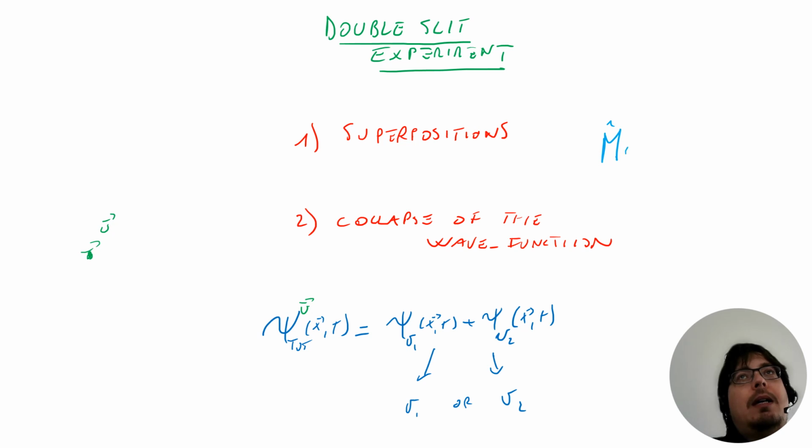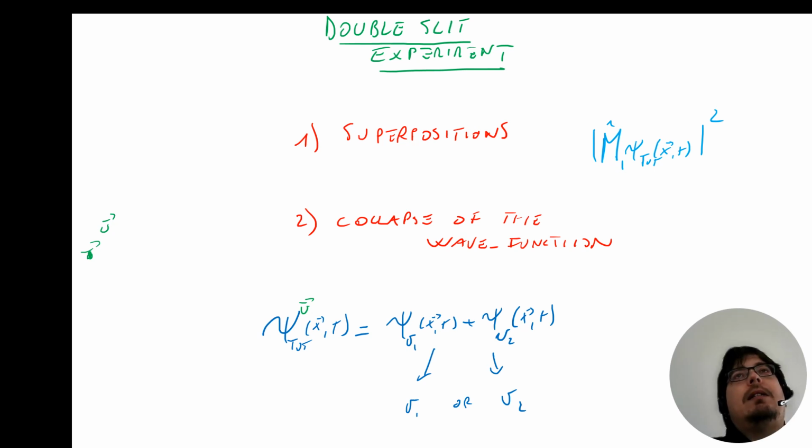Measurement M: you measure your total wave function with a certain value, for example, of the velocity, and then you take the modulus square.